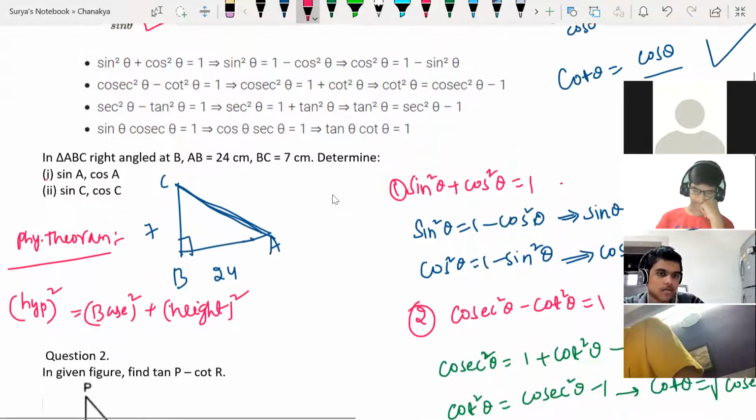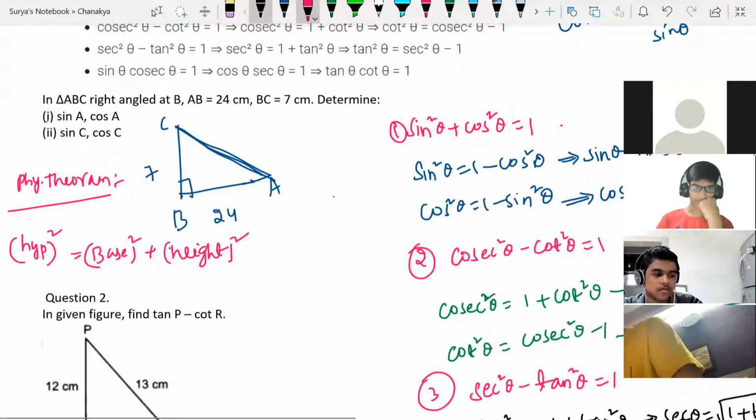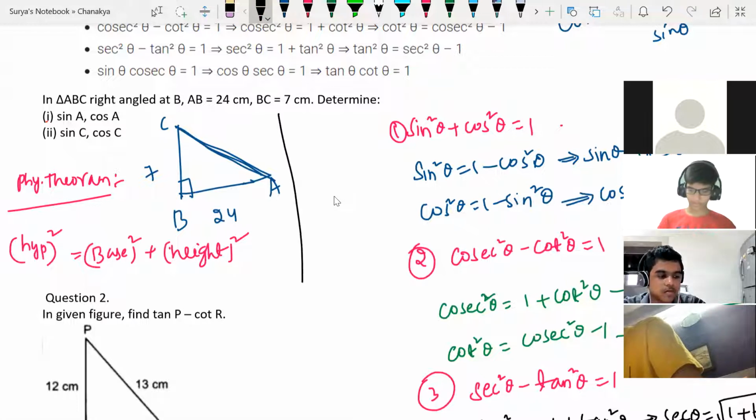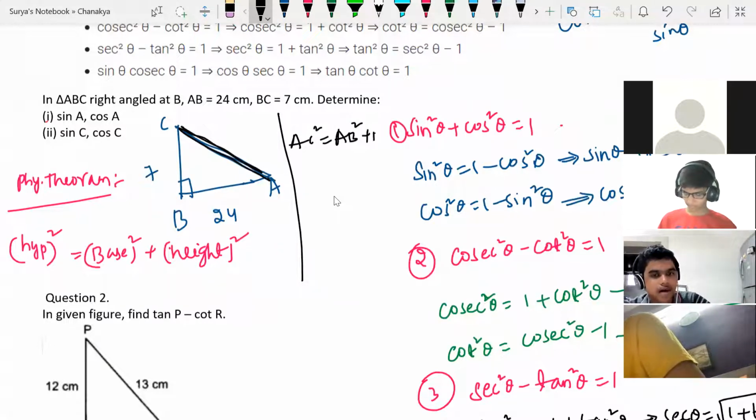Try to apply this carefully. I do not know the hypotenuse. The longest side of any triangle is called the hypotenuse. So AC square is equal to base square AB square plus BC square, isn't it?